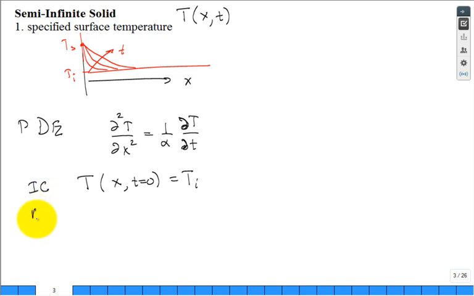Now, a boundary condition is that the temperature as x goes off to infinity for time greater than 0 is equal to the initial temperature. Deep, deep, deep into the material, it's still Ti.